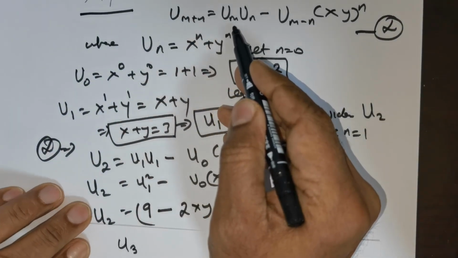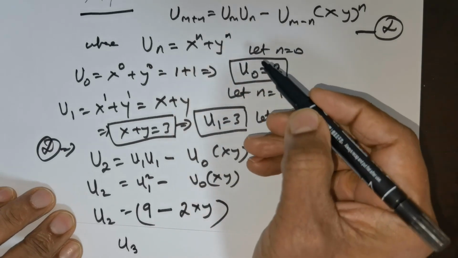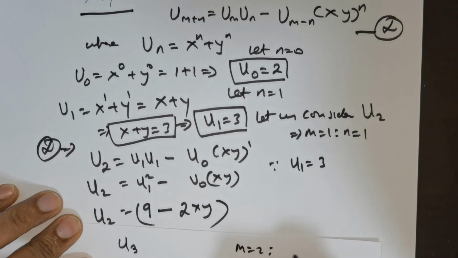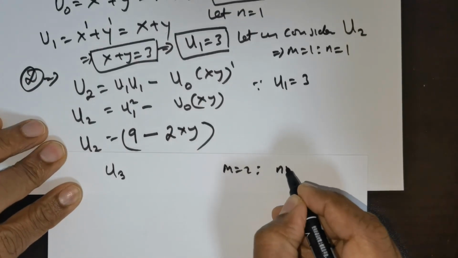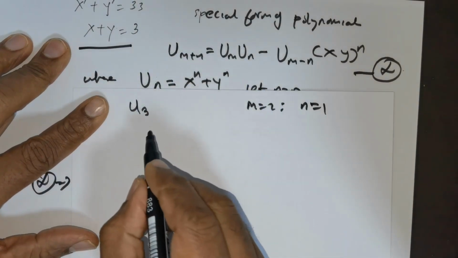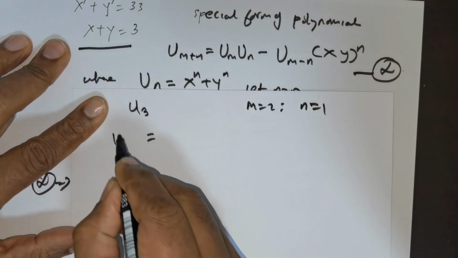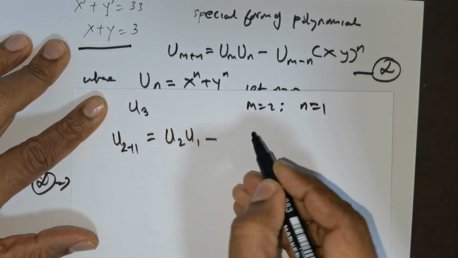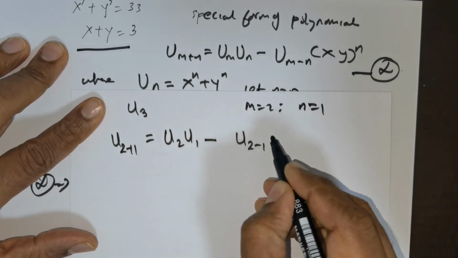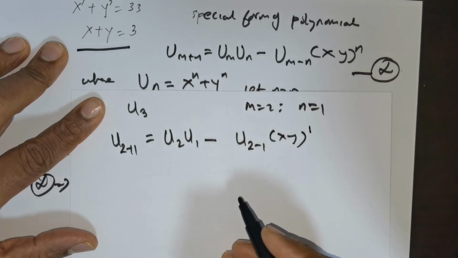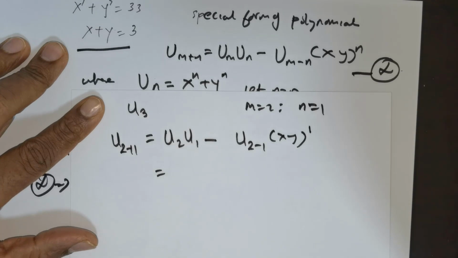If I take m equal to 2 and n equal to 1, then u_{2+1} = u_2 u_1 - u_{2-1} (xy)^1.